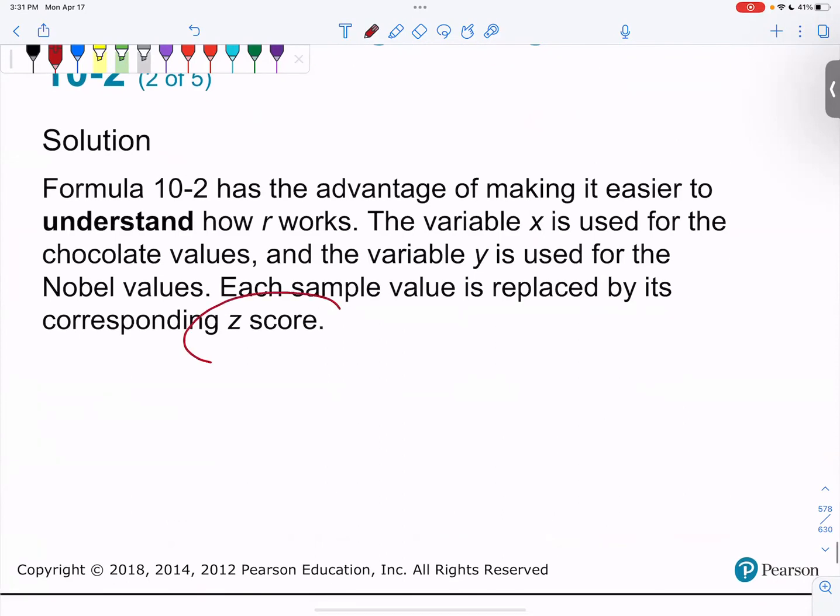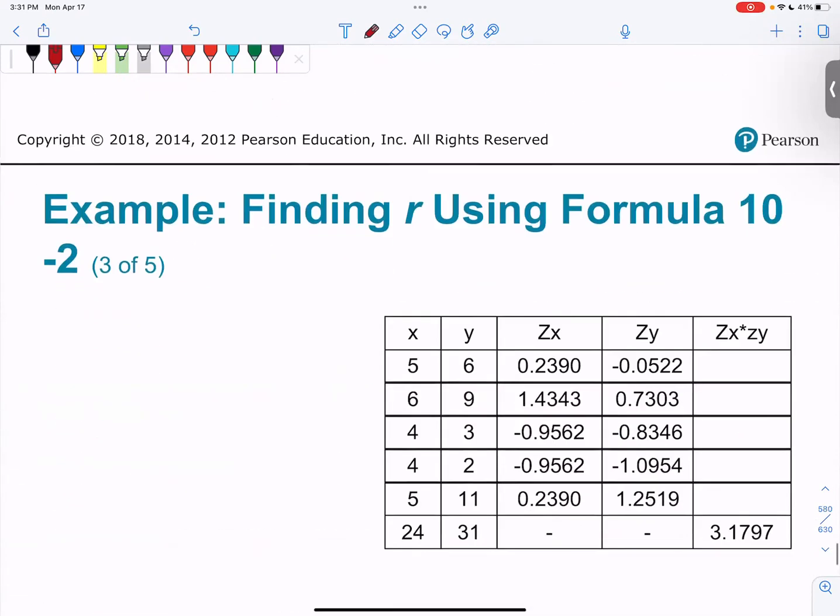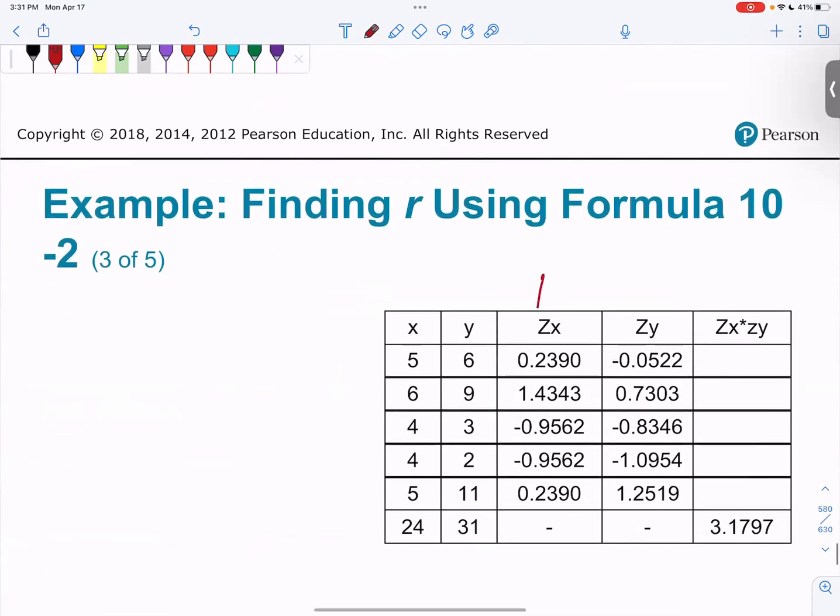Also, you can use z-score to find this one. So now, if you want to use z-score, you have to find the z-score for each single value. So let's say, for example, we have 5.